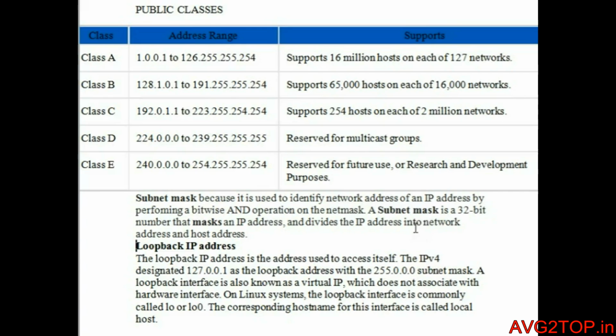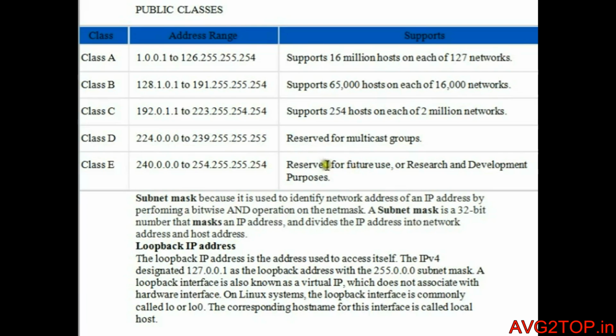This IP address can be subcategorized using what is known as a subnet mask. Using this subnet mask, it divides an IP address into network address and host address, which means a private IP address also can be included in the class C IP address. Let us see that in our future slide.